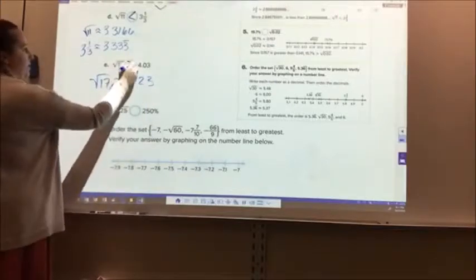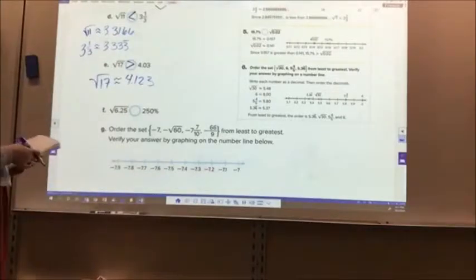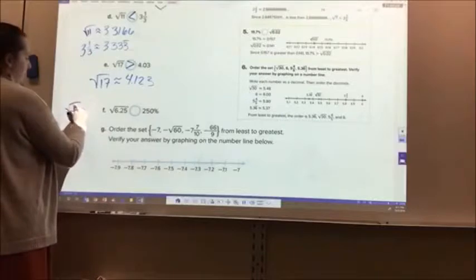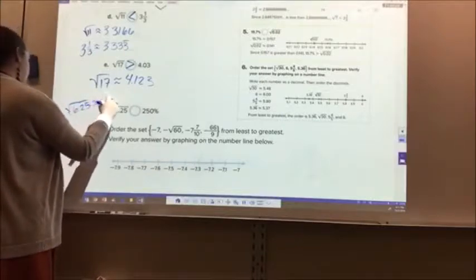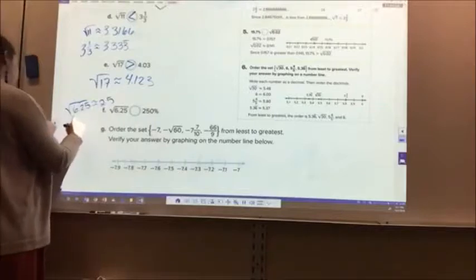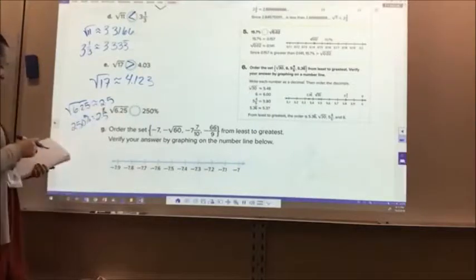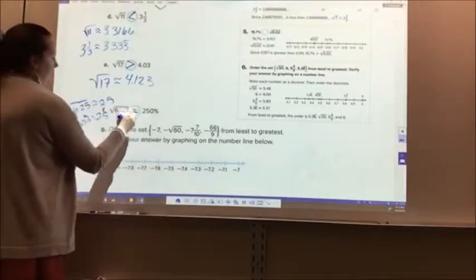So that means square root of 17 is bigger, greater than. Letter F, square root of 6.25 and 250%. Well, square root of 6.25 is approximately 2.5, and 250% equals 2.5. So they are equal to each other.